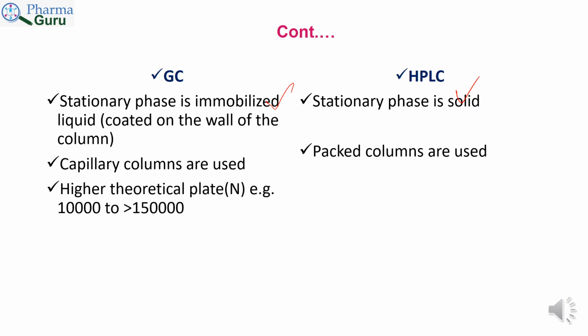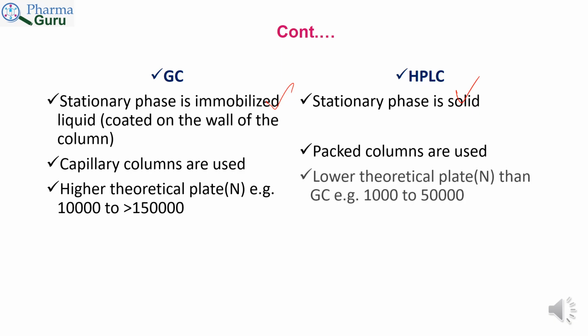In GC, one can get higher theoretical plate or column efficiency. For example, one can get up to 10,000 to 1,50,000, whereas in HPLC, one can get theoretical plate 10,000 to 50,000.